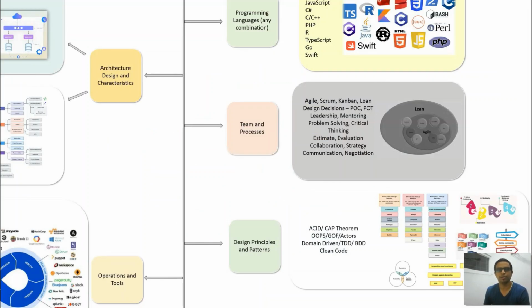So the next is team and processes. This is essential for a developer. It covers things like Agile, Scrum, Kanban, Lean, and also design decisions. How will you make a decision on whether to go ahead with a particular implementation using POC or proof of technology, which is POT.